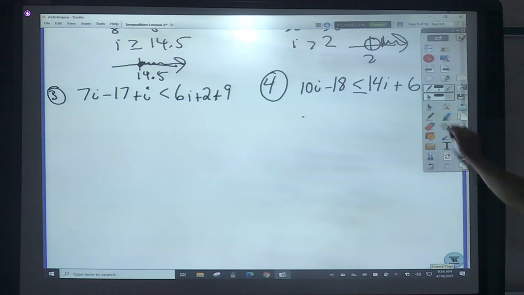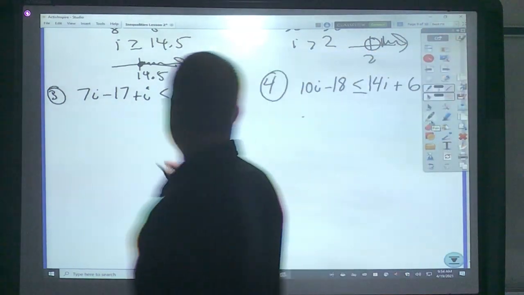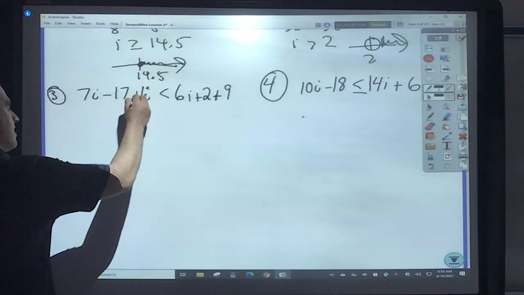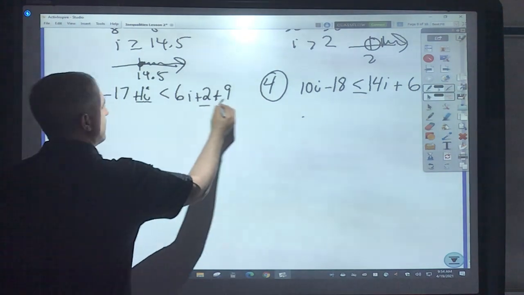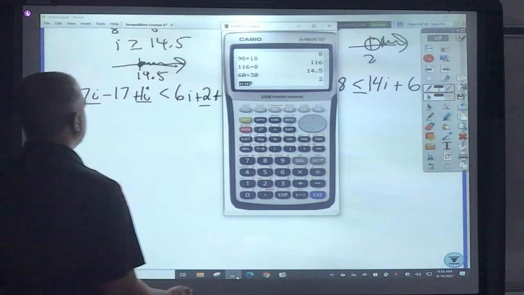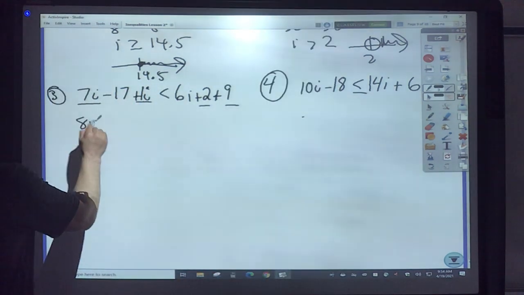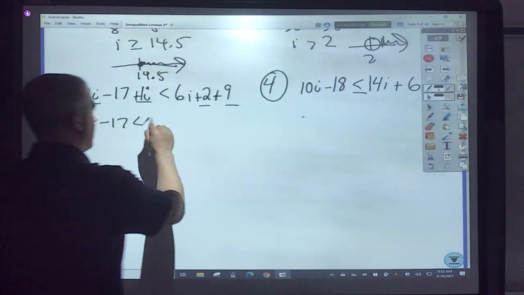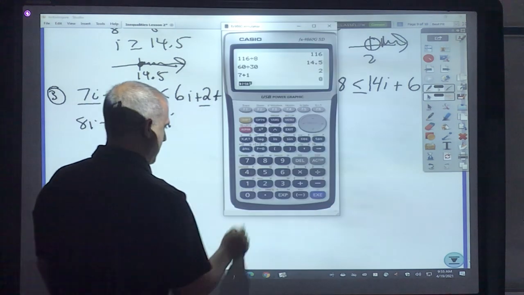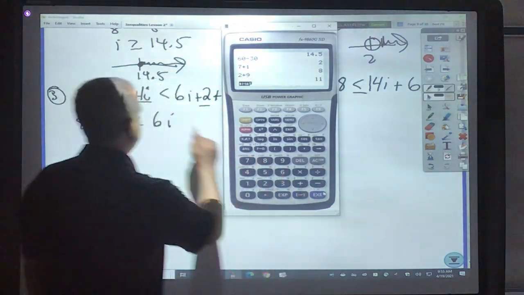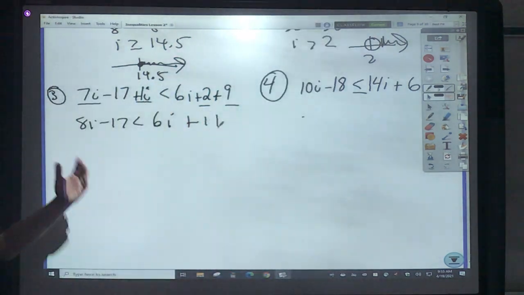Okay, so I got a bunch of things going on. I got this 1 here, so I'm gonna combine these and I'm gonna combine those. Okay, so 7 plus 1 is 8, so 8i minus 17 less than 6i plus, let's do 2 plus 9 is 11. Okay, and now I'm ready to solve the problem.